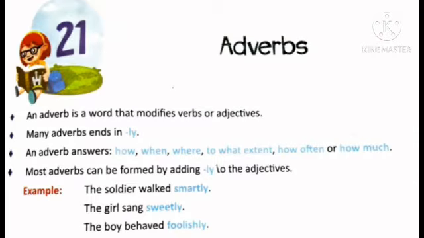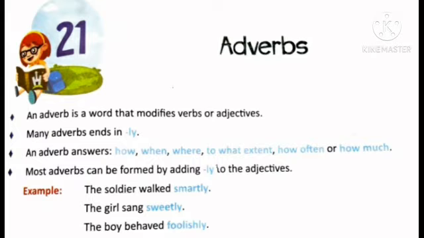First of all, let us revise what is an adverb. Yes, students, an adverb is a word that modifies verbs or adjectives. It means an adverb adds something to the meaning of a verb.